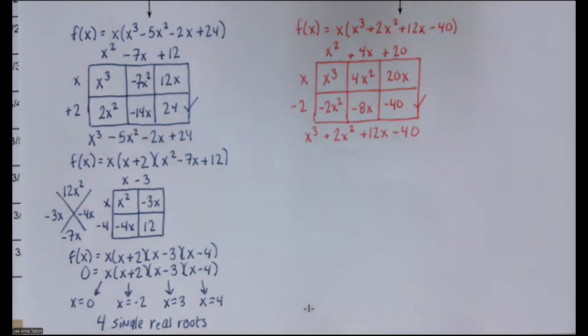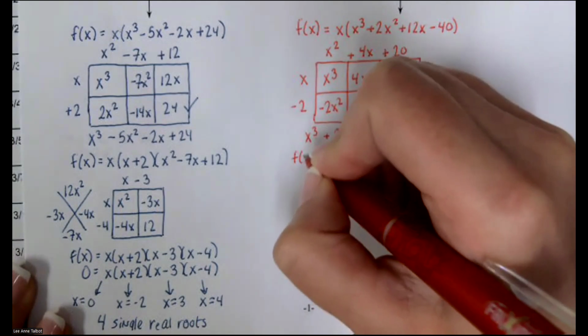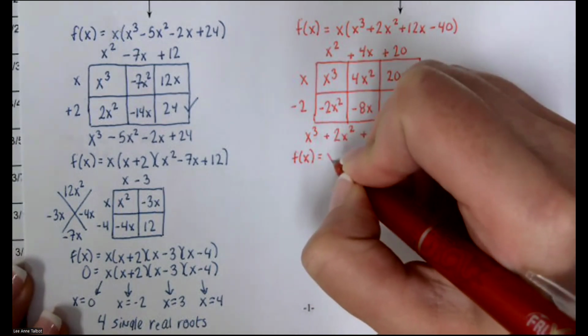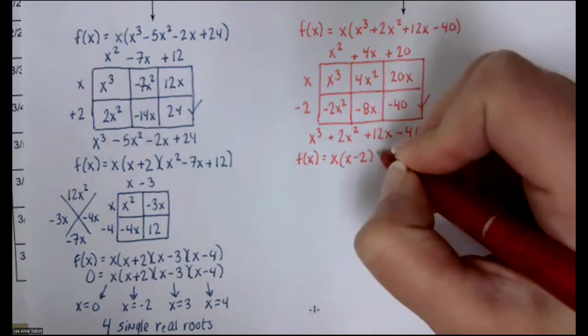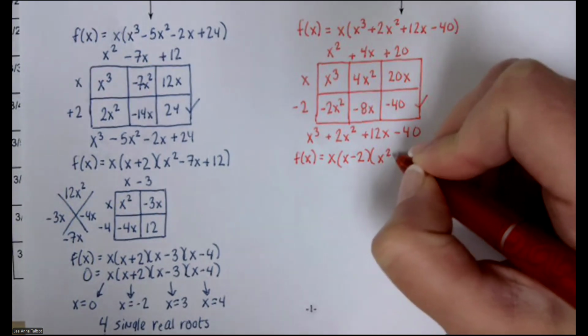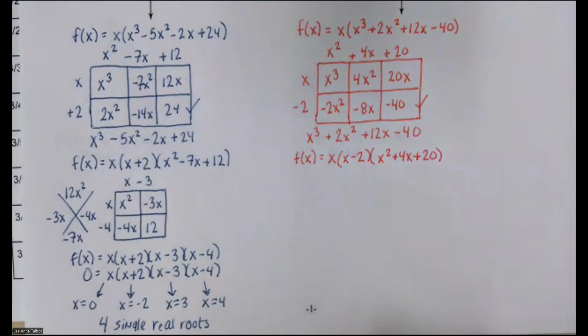Whew, I had myself doubting there for a minute, because it was weird, but worked out. Okay, so I have the x that I factored out. I have the x minus 2 that I divided by, and now I have x squared plus 4x plus 20.